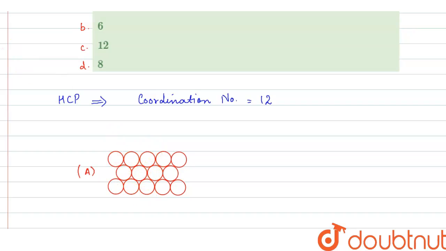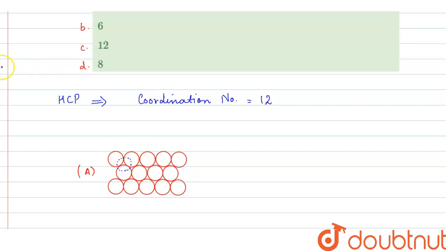Now if we draw the layer which will be above this, it will be like this, right? So as you can see, in the above layer, the particle, or you can say sphere, will lie above these three spheres, forming a trigonal void, right? So that will be the second layer, and that layer will be known as B layer.